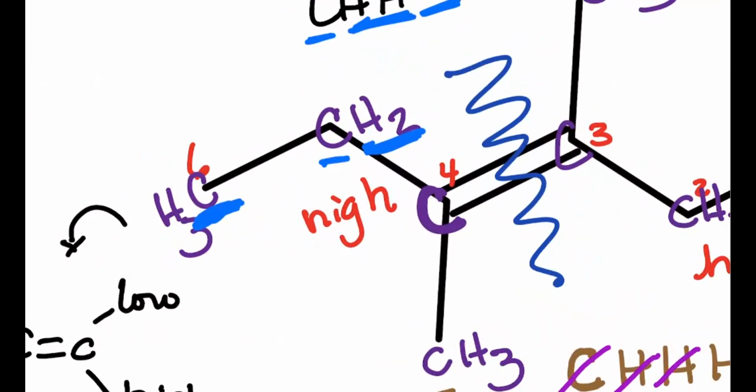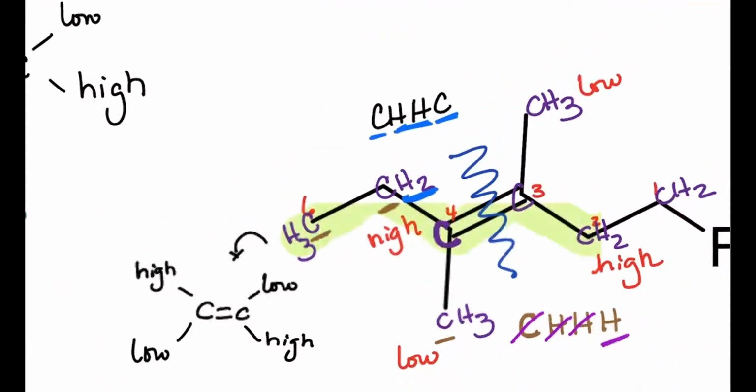If you're standing right here on carbon 4, then this will be the trail to your right. This will be the trail to your left. The trail to the right is a carbon, 2 hydrogens, and then after that you see a carbon with 3 hydrogens. Like you could technically say, and down here there's a hydrogen, hydrogen, and hydrogen.